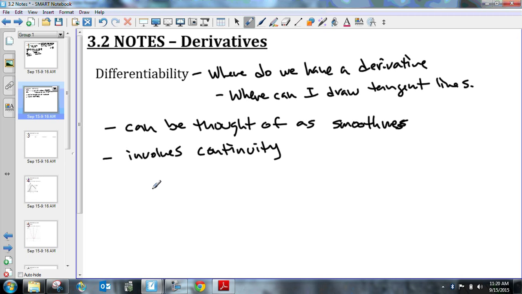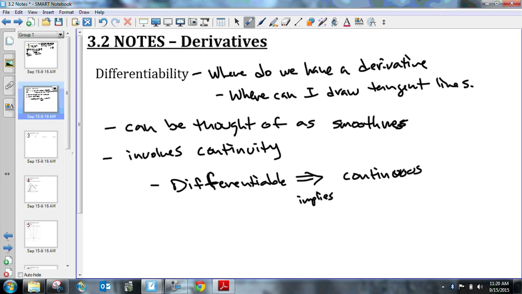All right. So here's what I know. If a function is differentiable, then that implies that the function is continuous.